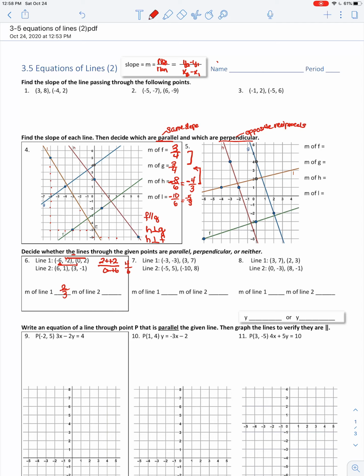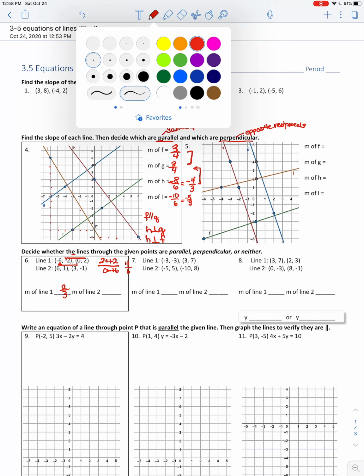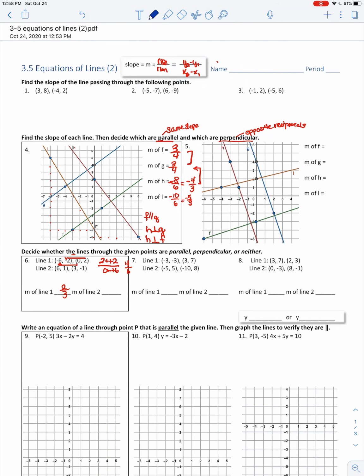Our slope of line 2, we're taking the y minus the y over the x minus the x. So our y's on line 2 are the 1 and -1, and a -1 minus a +1. The x's are the 3 and the 6, so we're taking 3 minus 6.